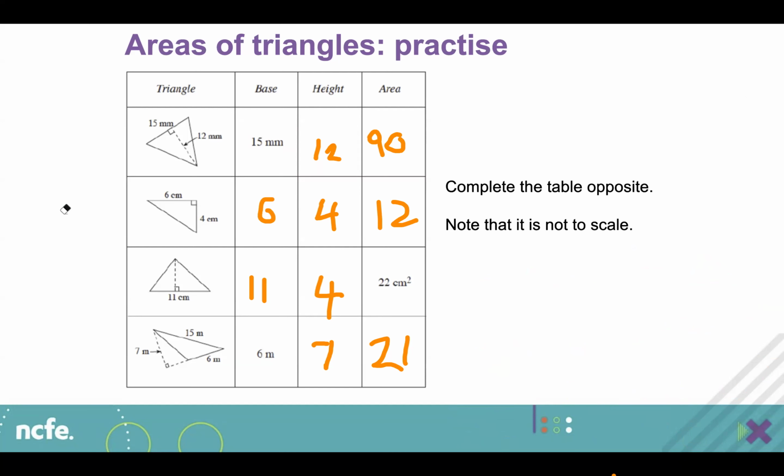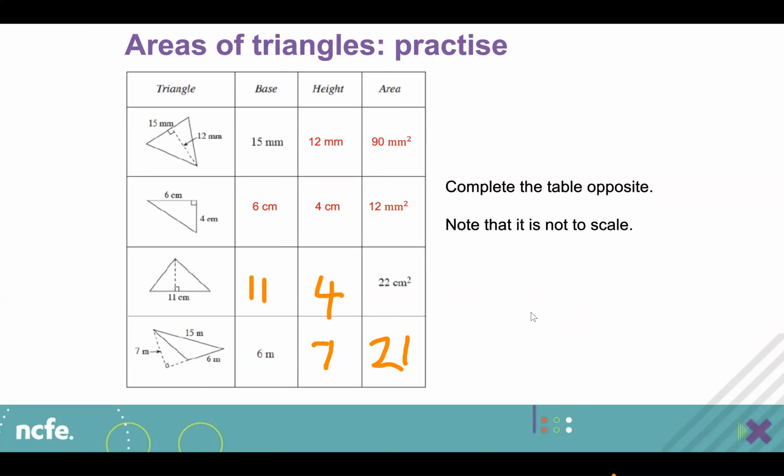If you have any questions, just let me know, please, if you don't understand anything. So, as you can see there, the answers are 6, 4, and 12 that I put there.